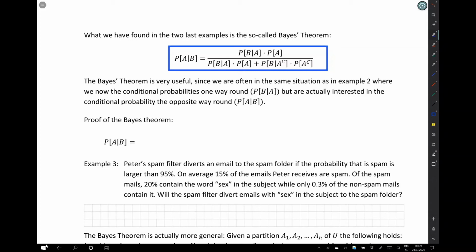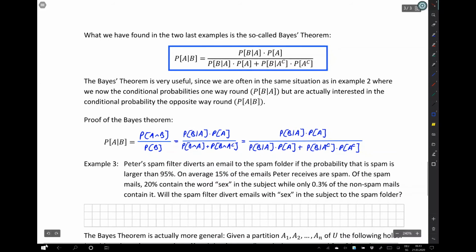The proof of the theorem is exactly what we have done before. The probability of A given B is by definition the probability of A and B divided by the probability of B. We can rewrite the probability of A and B as the probability of B given A times the probability of A, and the probability of B as probability of B and A plus probability of B and A complement.